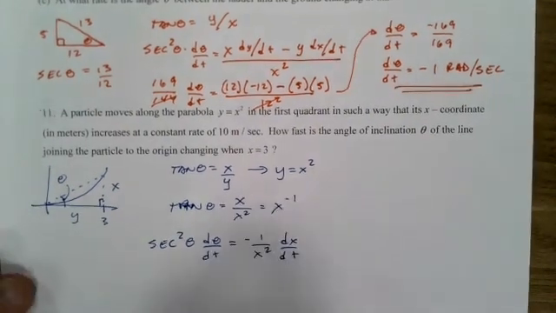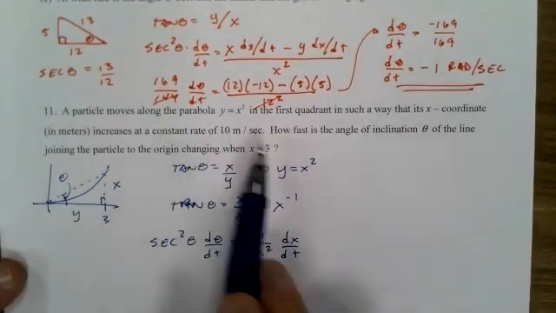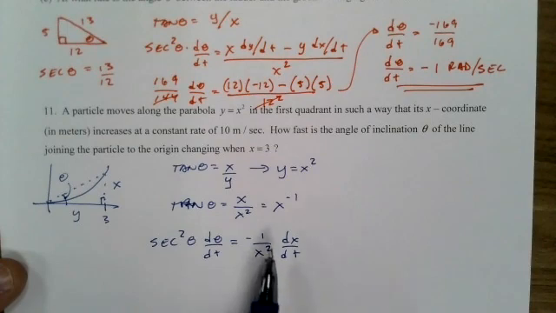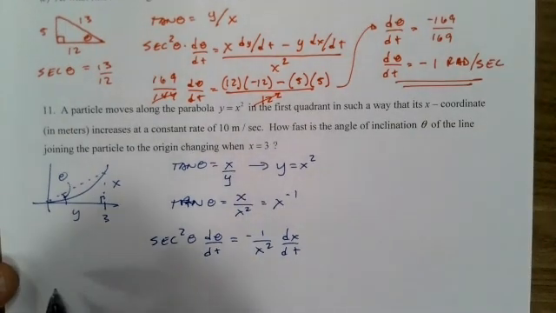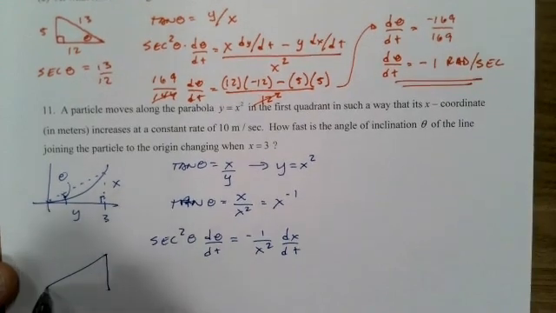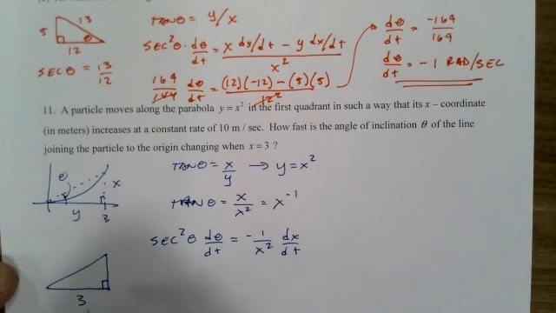Now let's do some math here. x coordinate 10, got it. x, got it. Secant squared, don't got it. So let's see what's going on here. 3, definitely not drawn to scale. 9, just found a mistake in my old notes. 81 and 9, square root of 90.